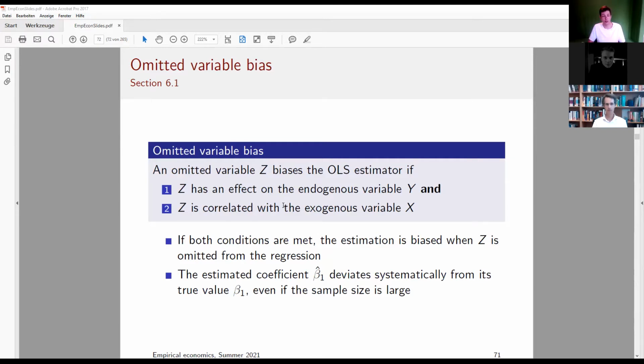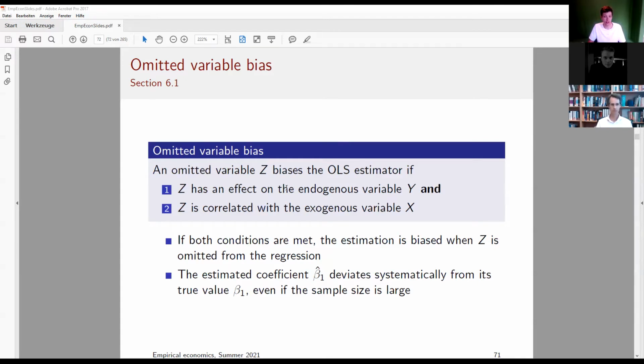So if the income of parents is correlated with the class size, so wealthier districts have smaller classes, and at the same time wealthier districts have better test scores, then we have an omitted variable bias, because we neglected that wealth or income of parents has an influence.